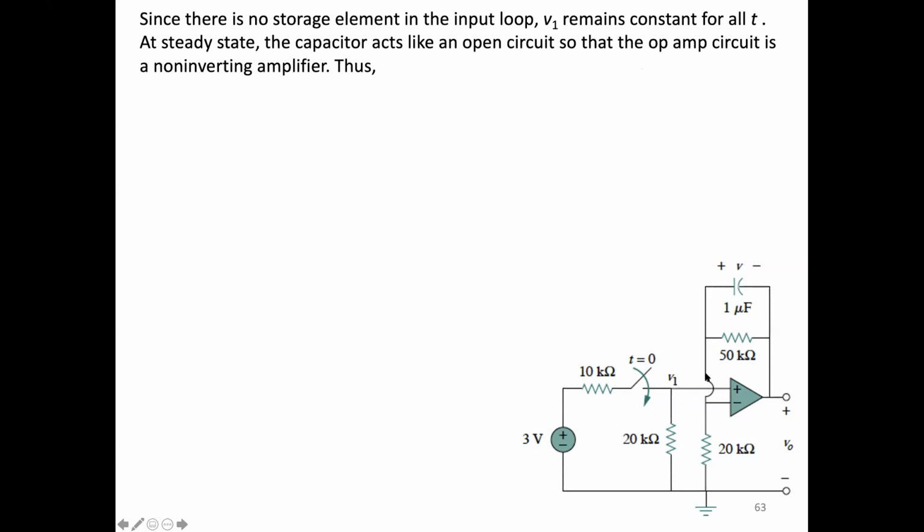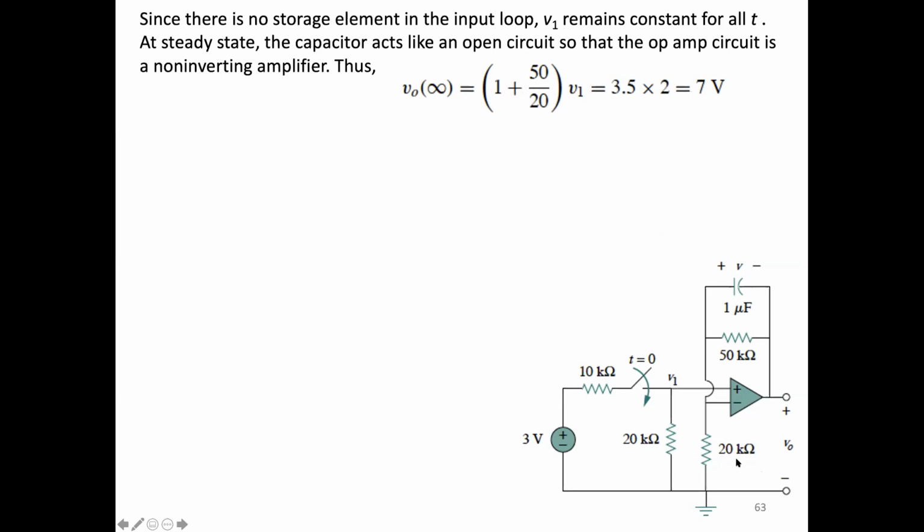The gain of that non-inverting amplifier, if you remember from when we covered non-inverting amplifiers, is 1 plus the ratio of the feedback resistor to the input resistor, 1 plus R_F over R1.